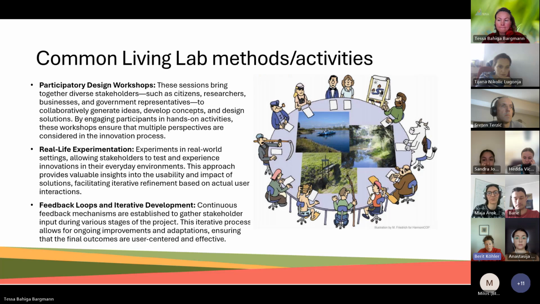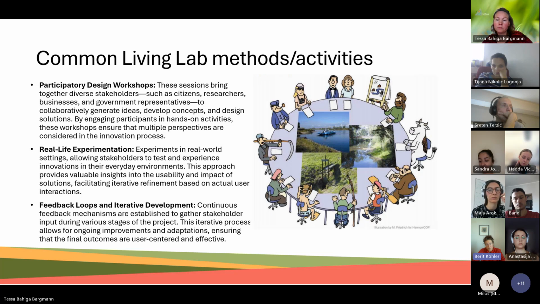Methods or an activity could also be real-life experimentation. So conducting experiments in real-world settings, and to allow the spectrum of stakeholders to actually test and experience innovations in their everyday environments, or in the everyday environments of some of the stakeholders.